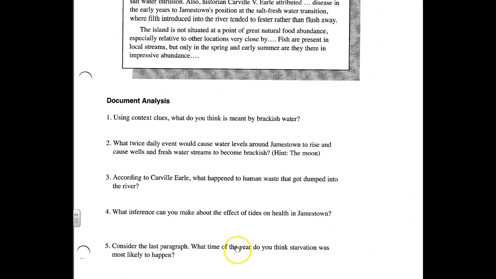So what time of the year, based on the last paragraph, do you think starvation was most likely to happen? Those are the questions for Document A. Please take your time and reread the document as many times as needed, listen to the content notes earlier in this screencast, and complete the answering of document analysis questions 1 through 5 for Document A.